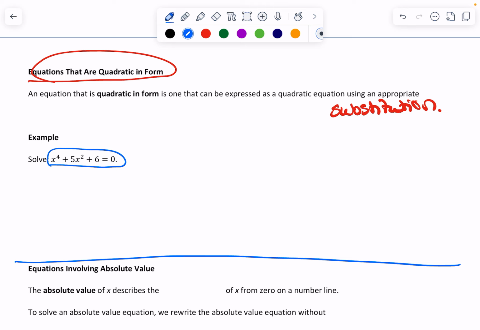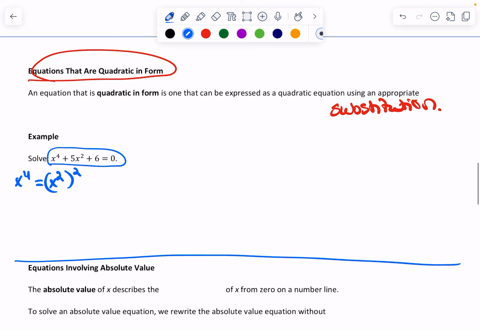So what we can do here is, we know that x to the power of 4 is the same thing as x squared to the power of 2, right? So we can let u equal x squared.